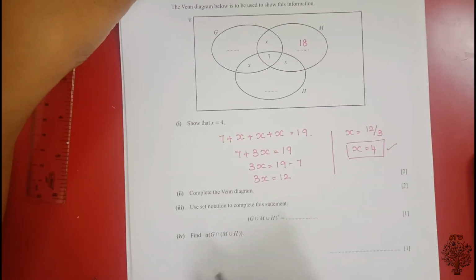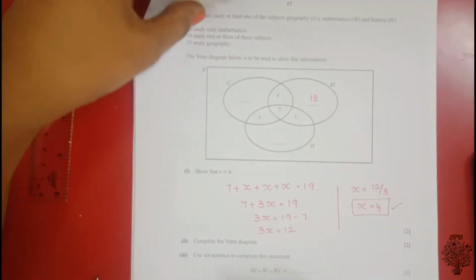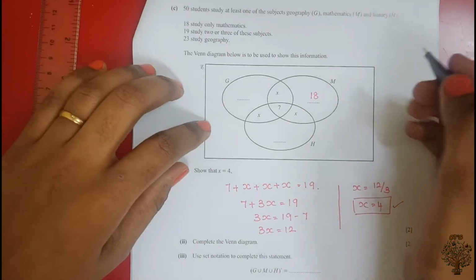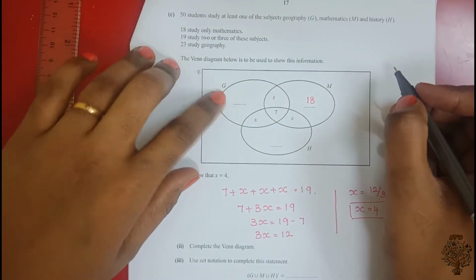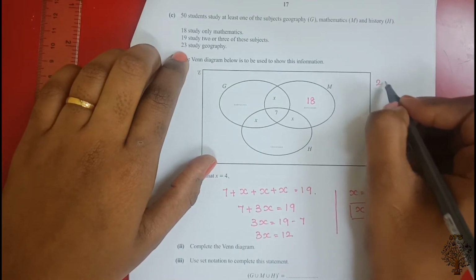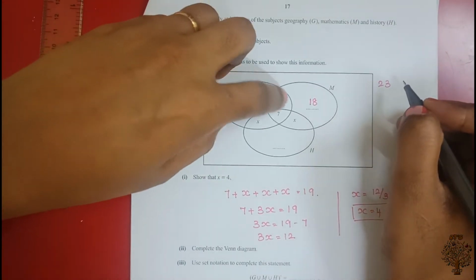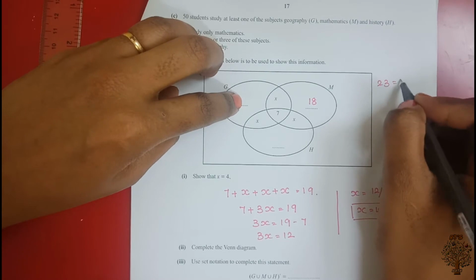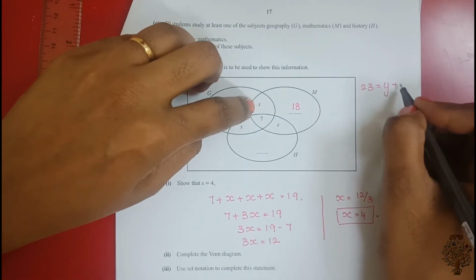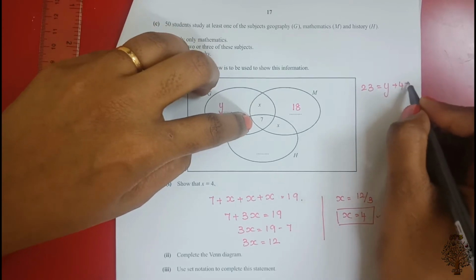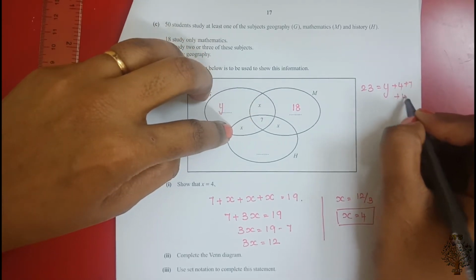Okay. Complete the Venn diagram. X is equal to 4 means I should complete here. Okay, first thing geography. They told geography altogether 23. Geography includes this part. I don't know what is that. Let me name this part as y. Plus x is 4 plus 7 plus again 4.